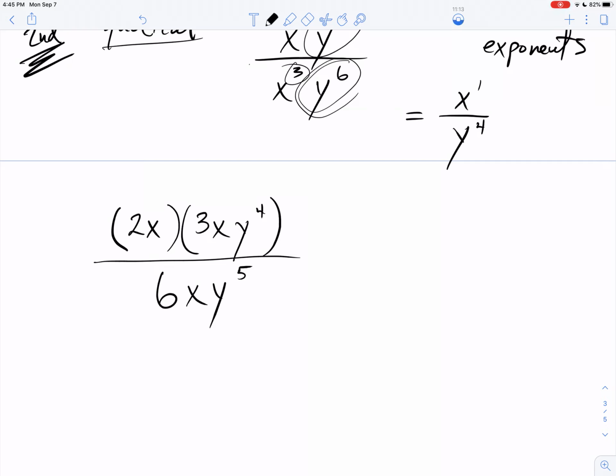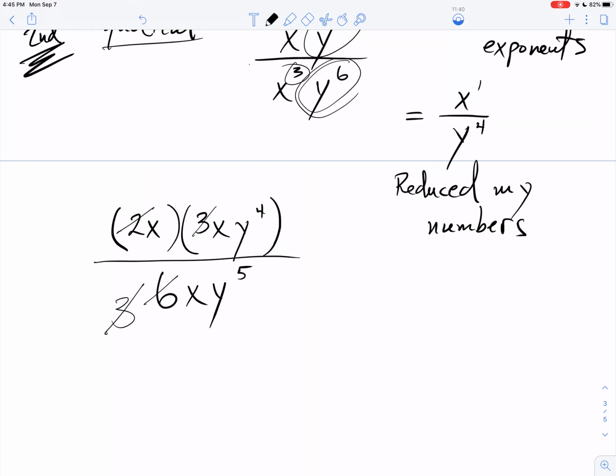See, if I wanted to, I could use the quotient rule first. I could say 2 goes into 6 3 times. 3 goes into 3 once. I have reduced my numbers. That's a quotient rule thing?